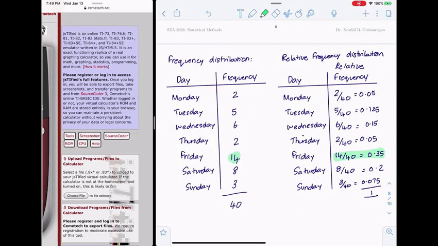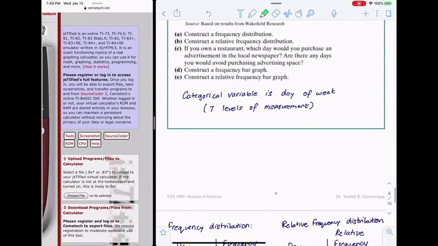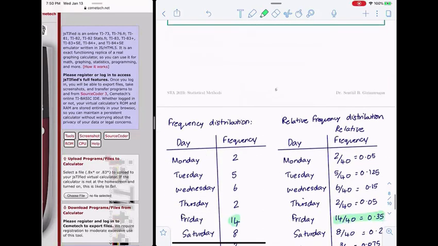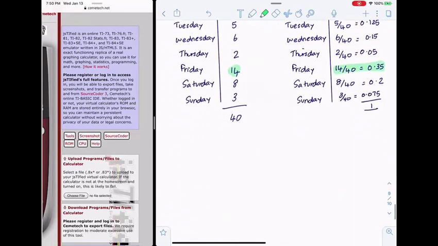So the days when you don't want to advertise typically should be on a Monday or a Thursday, because only about 5% of the people would want takeout on either a Monday or a Thursday. So if I was the owner of a restaurant, the day I would purchase ad space on the local newspaper would be on a Friday.